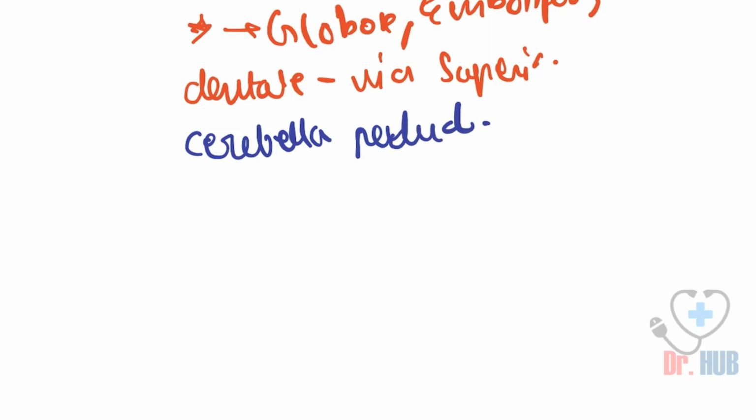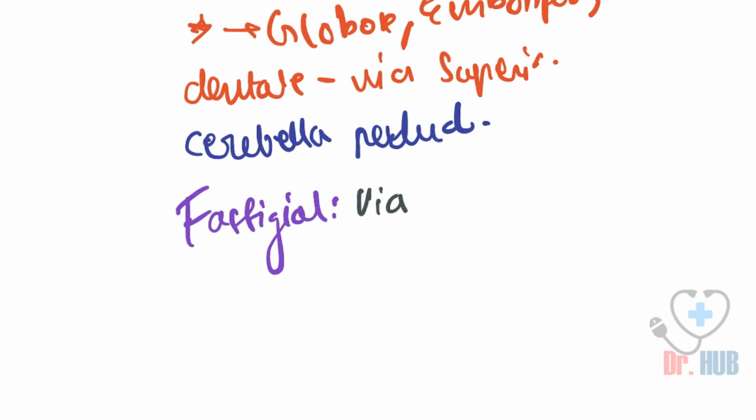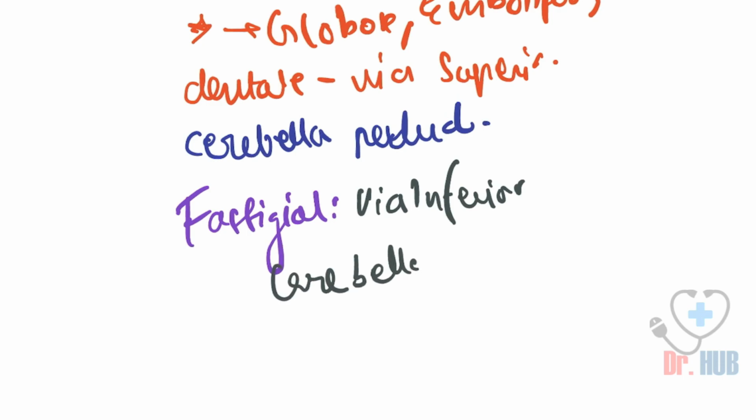And then we look at the fastigial, which is via the inferior cerebellar peduncle.